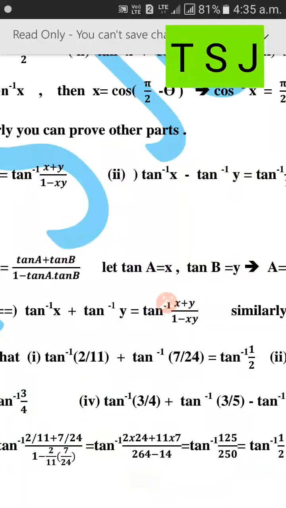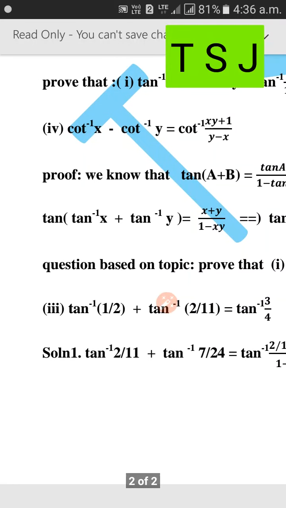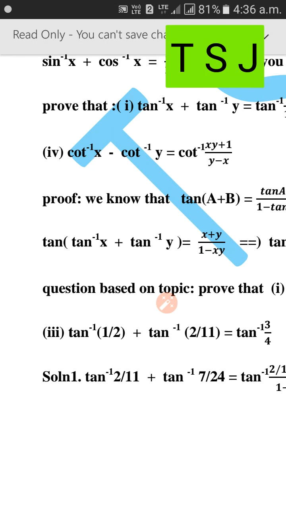We know from trigonometry that tan of a plus b equals tan a plus tan b upon 1 minus tan a tan b. Consider tan a as x and tan b as y, so a equals tan inverse x and b equals tan inverse y. Then, in place of a we put tan inverse x, and in place of b tan inverse y, and this becomes x plus y upon 1 minus xy.